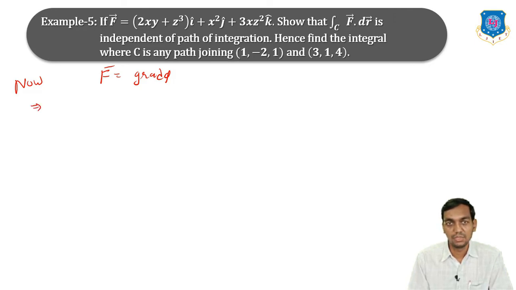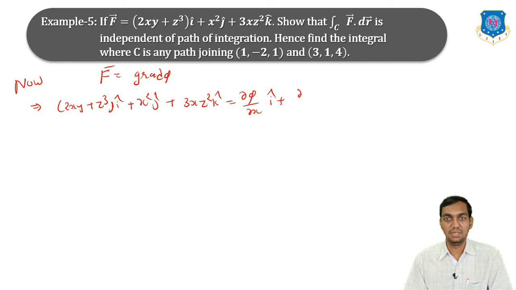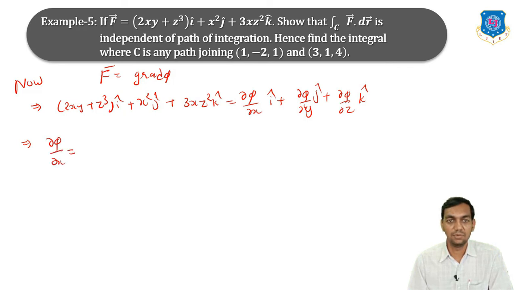So that will give you 2xy plus z cube i plus x square j plus 3xz square k is equal to del phi by del x into i plus del phi by del y into j plus del phi by del z into k, and that implies del phi by del x is equal to 2xy plus z cube, del phi by del y is equal to x square, and del phi by del z is equal to 3xz square.